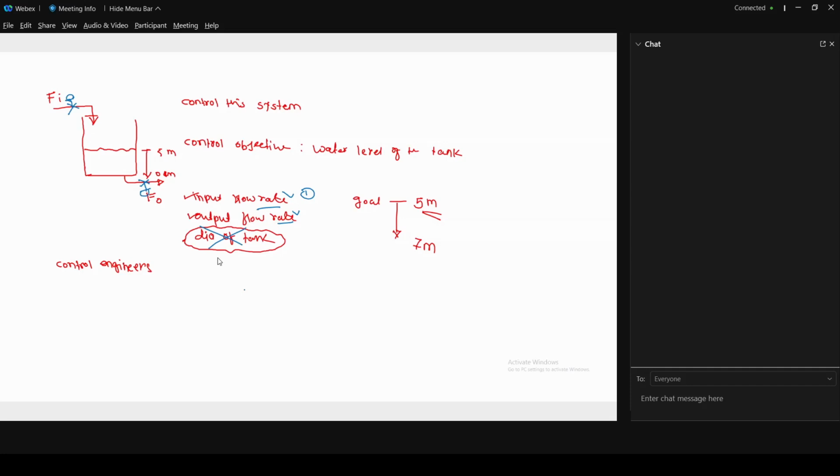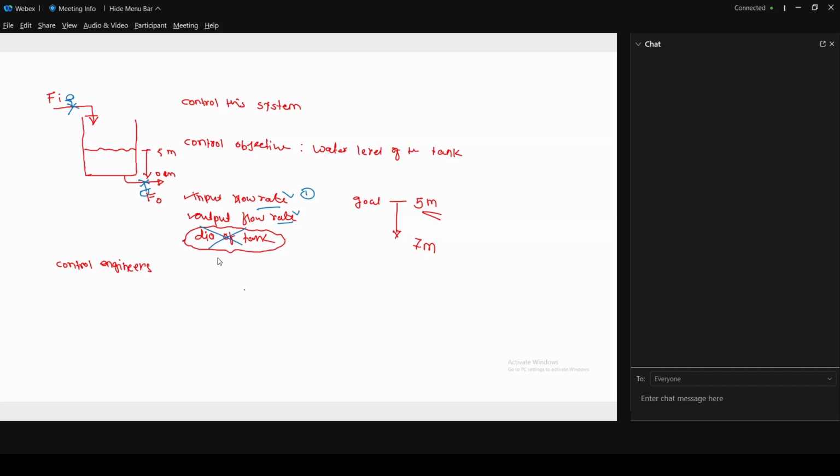If you choose a variable that does not have much impact on the water level, for example Fi, which has a very minimal impact on the output, you can change the flow rate but your height is not increasing much. Then there is no point in selecting Fi as your manipulated variable.